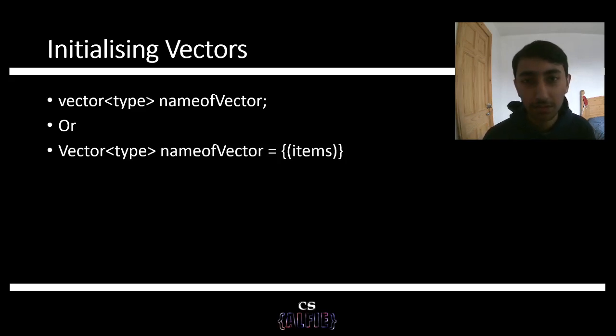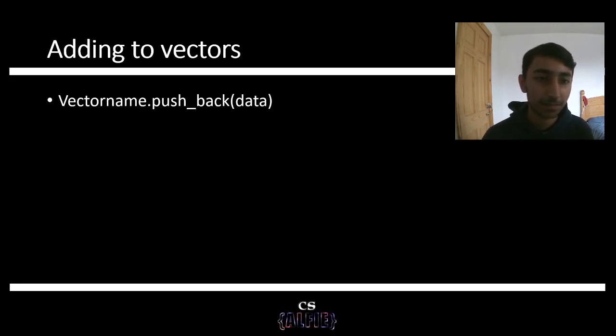If we hadn't written that, we would have had to write std::vector and so on. The next method is when we want to have data inputted in the initialization. In that we would write vector and then the type of data in the brackets and the name of the vector equal to, in curly brackets, the items or the elements that we are putting in the data structure.